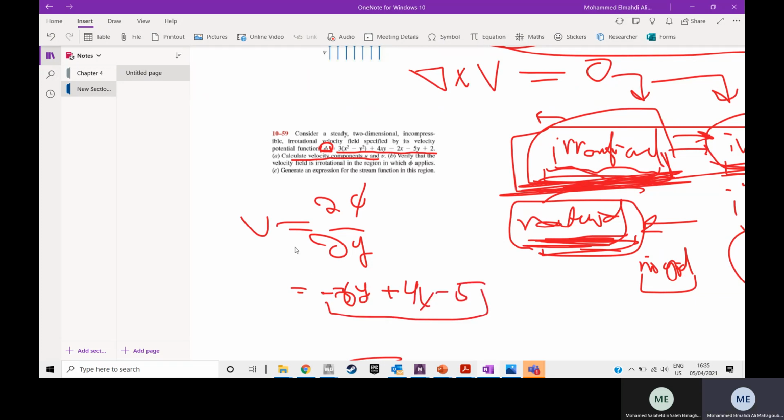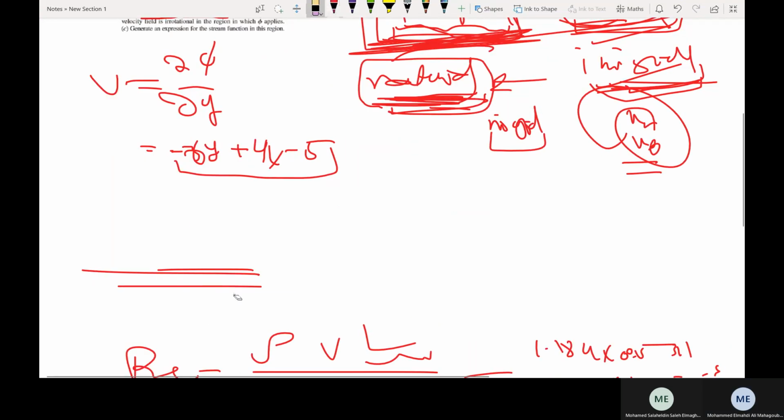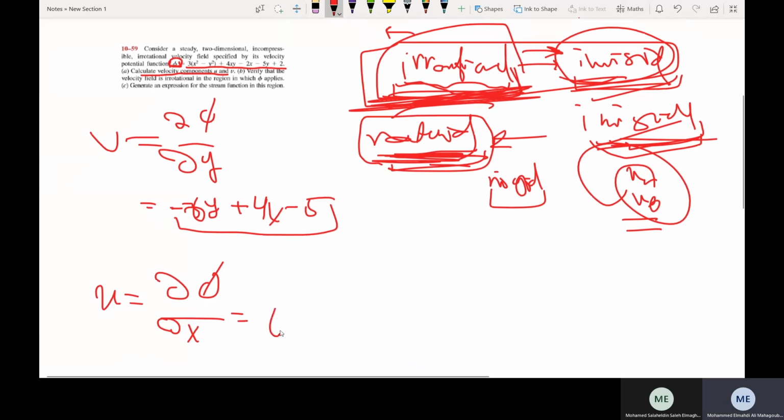Okay, so this is the v component, and the u component is the derivative of phi with respect to x, which is equal to 6x squared, 6x plus 4y, and then minus 2, and this is the u component.